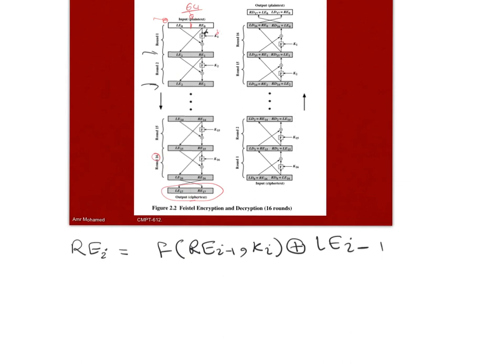So this simple logical equation describes this part, right? And what is the left element of i? It's in fact the right element of i minus 1. So these two simple equations, in fact, characterize this whole complicated graph. Okay?